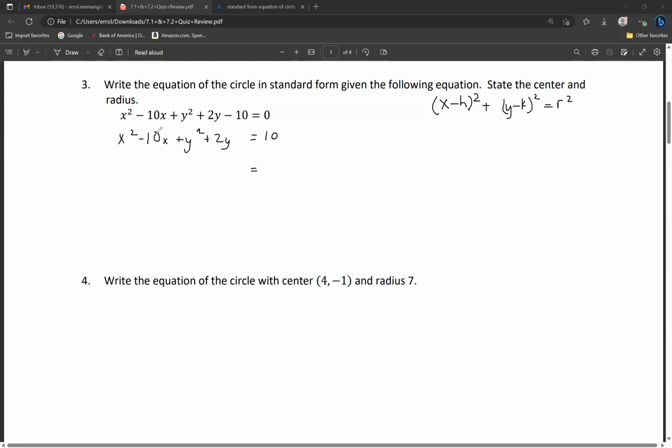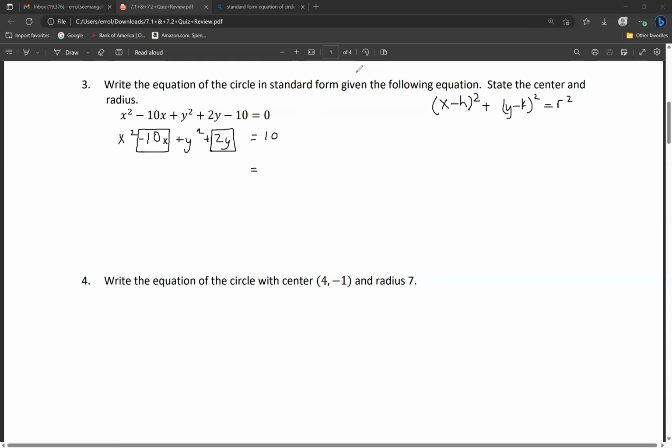Okay, you know what the word coefficient means? Isn't that like the whole number? What's the coefficient of this right here? Negative 10. What's the coefficient here? 2. So what are we going to do with those two coefficients?